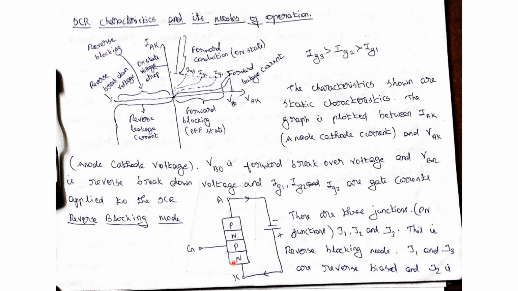Anode is connected to the negative supply of the voltage source. In reverse blocking mode, imagine these are the junctions J1, J2, J3. J1 and J3 are reverse biased, so J2 is forward biased.